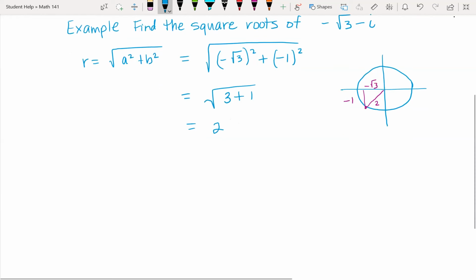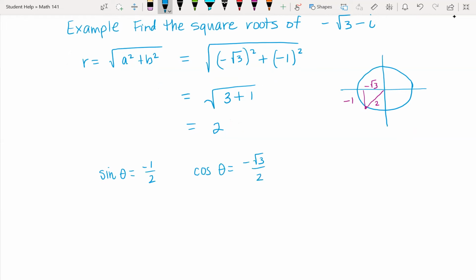So the sine of the angle is -1/2, and the cosine of the angle is -√3/2. So putting those two things together, I think that the angle is 210 degrees.